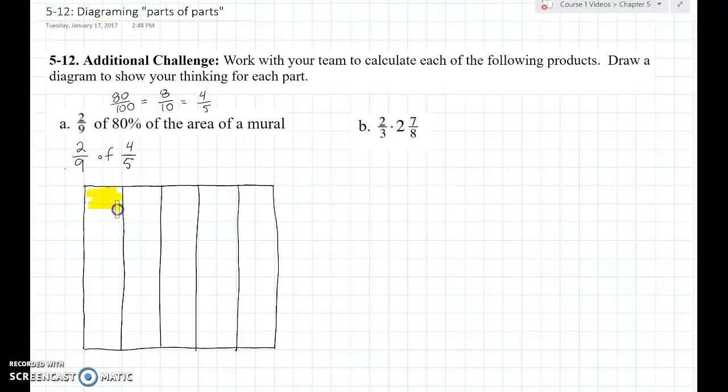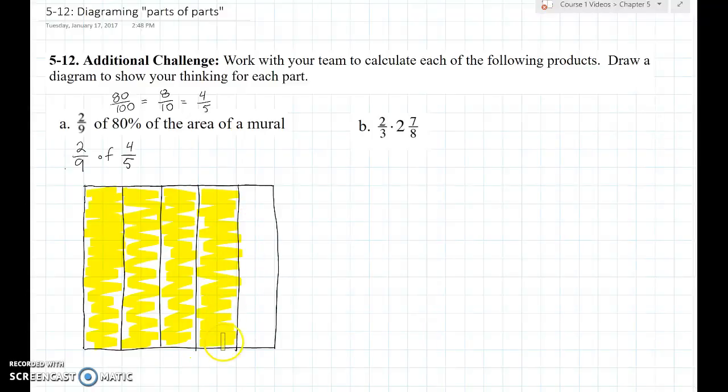And that would be 20%, 40%, 60%, 80%, and that would get us 100. So we don't have 100%, we just have 80%, and we're going to do 2/9 of it.